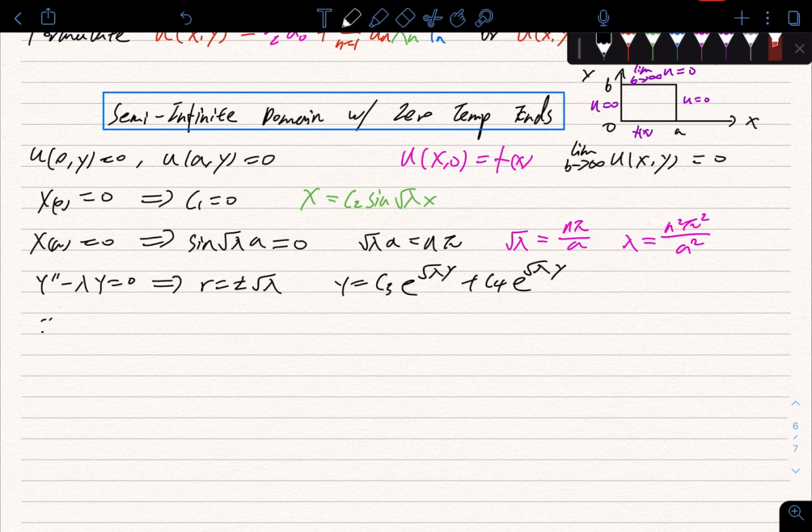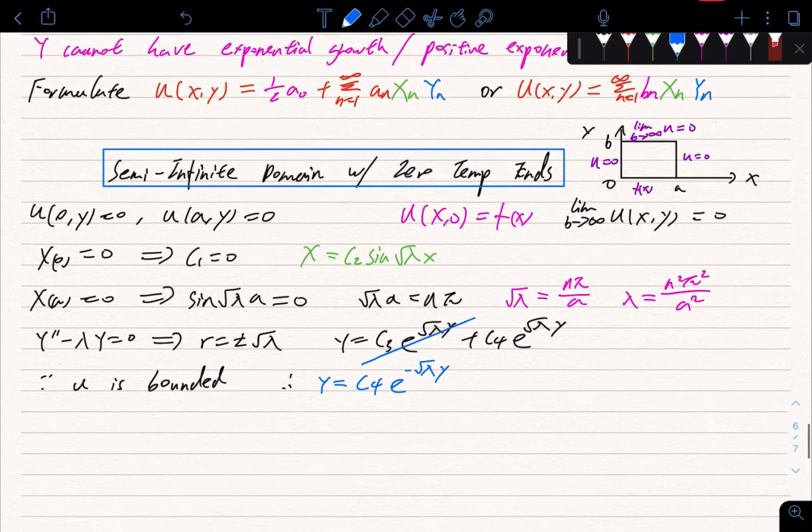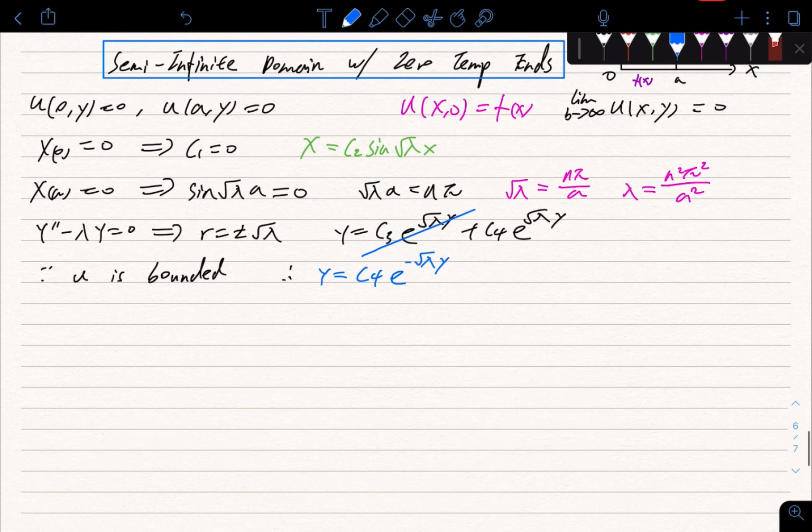Because u is bounded, therefore Y equals C4 e to the negative square root of lambda y. So this term gets cancelled out.